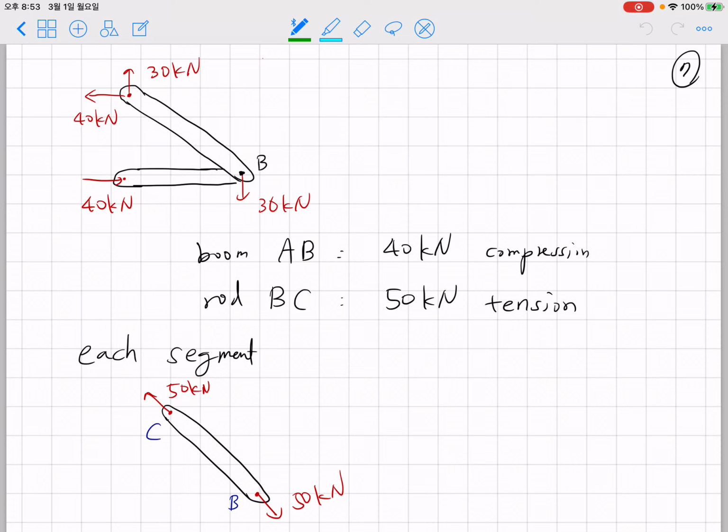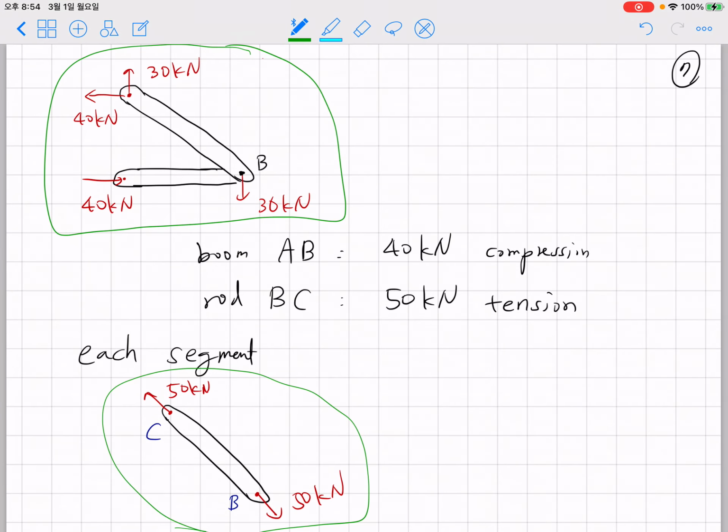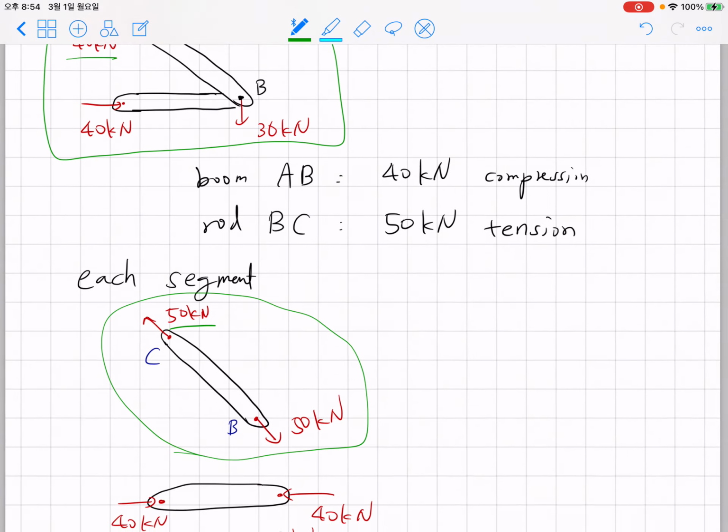To summarize, if we consider the entire structure, these are the forces acting on point A, point B, and point C. We can separate this into 3 structures. If we take out rod BC, combining 40 kilonewton and 30 kilonewton gives 50 kilonewton.